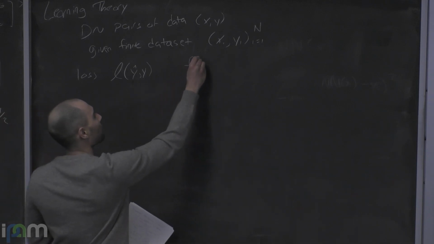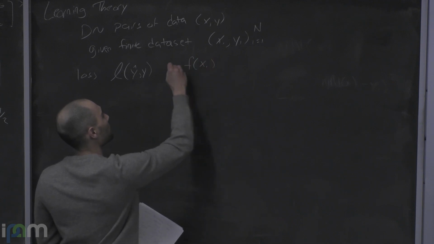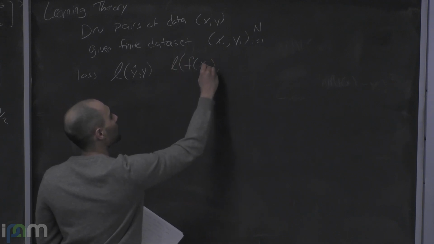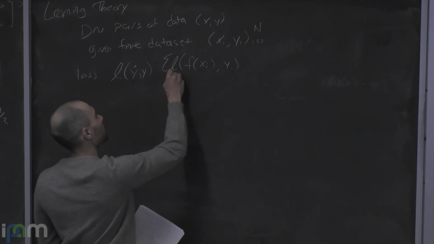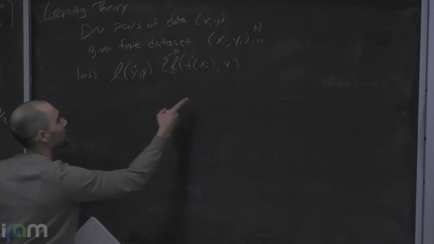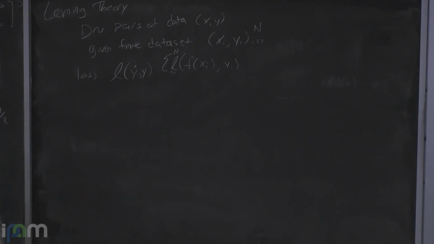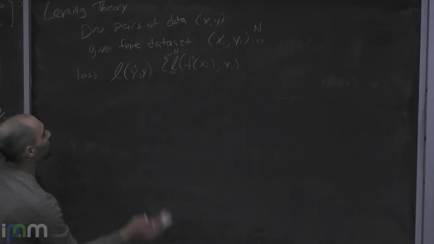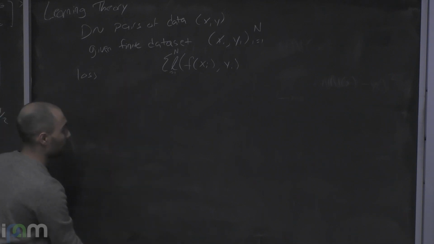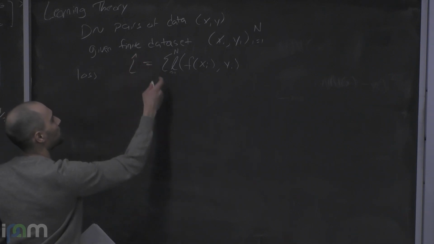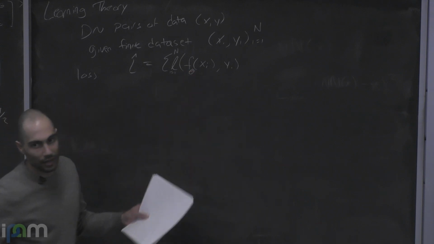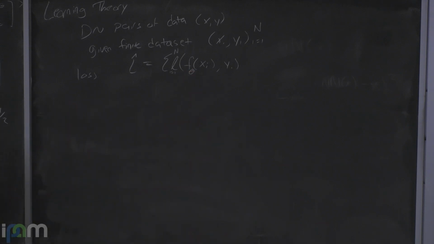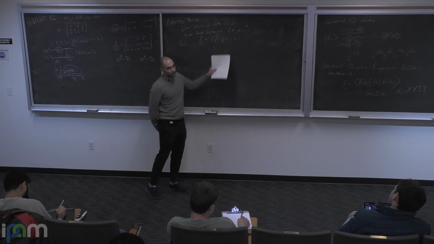If we have f of x_i, we can plug in, for example, x_i, y_i, and then we sum this over our whole data set, and this is our empirical loss. Sometimes people give this the hat notation. So our empirical loss is some function f, and maybe I'll put a parameter theta here to say that our f is like our neural network or our variational algorithm, something that has parameters theta, and we can then compare with our targets.